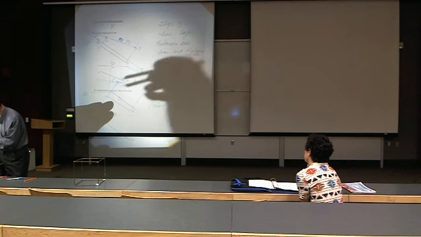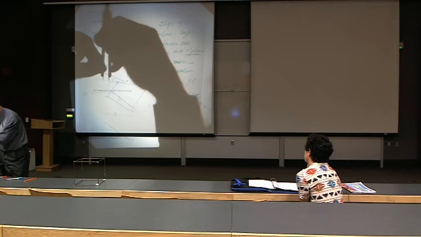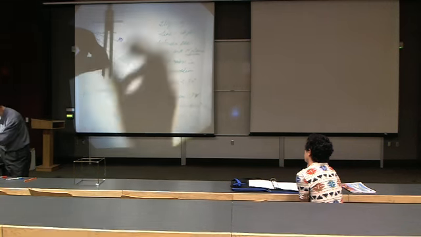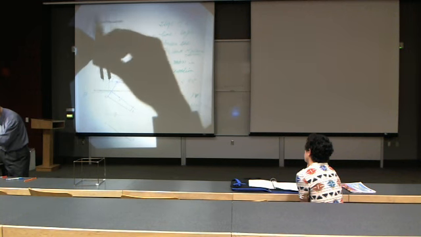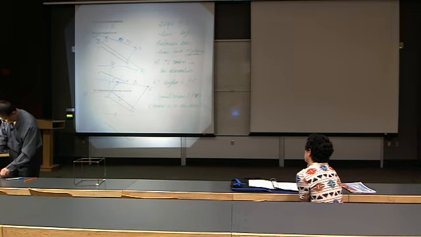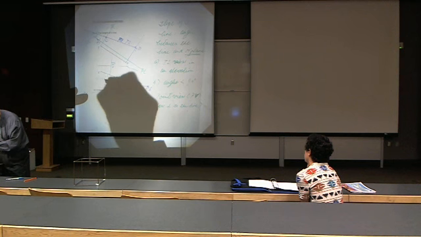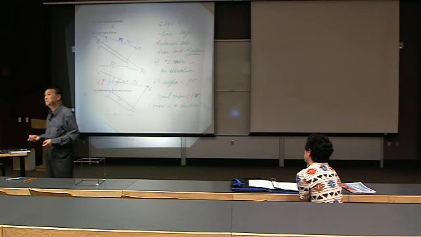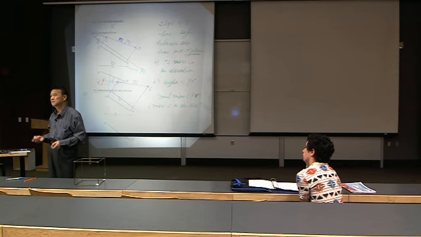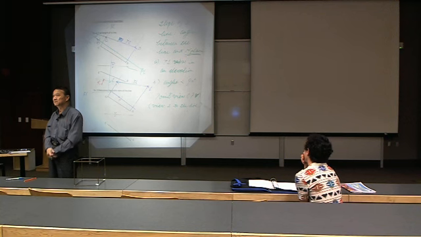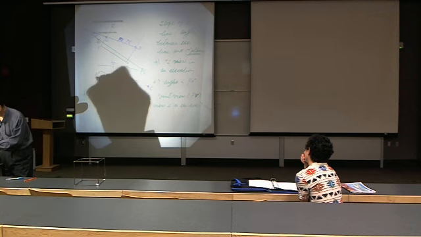From 5 to 6, 5, 6 is parallel to it. Then I can say, oh, I have there this point, a point on which 5 and 6, the two ends of the line, are overlapping with each other. That is my point B.